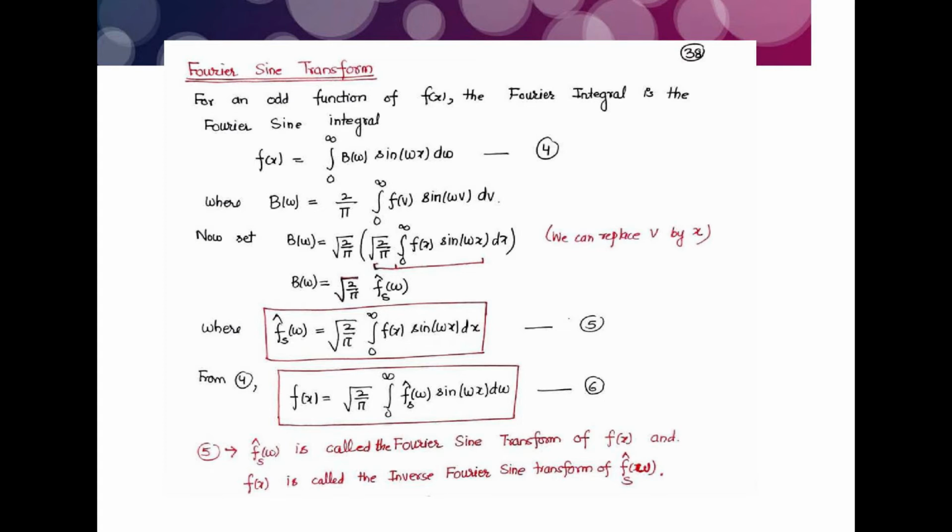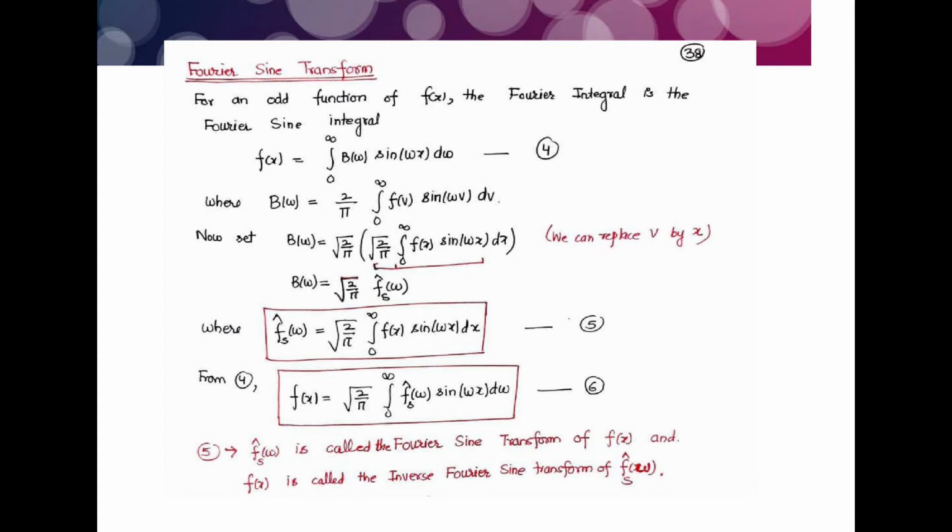As discussed for the Fourier cosine integral, we just rewrite this coefficient b w, writing 2 upon pi as a product of root 2 upon pi and root 2 upon pi, and the integral from 0 to infinity of f of x sine of wx dx. Here again I am replacing variable v by x. You can see the underlined expression here.